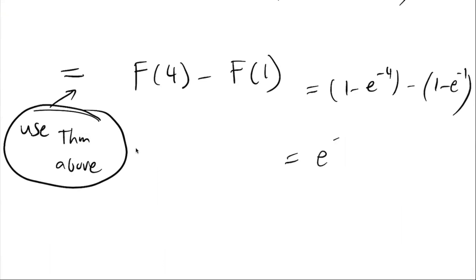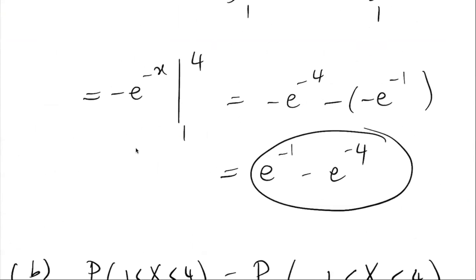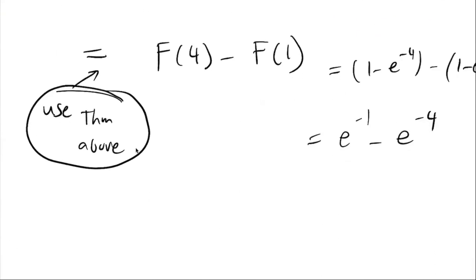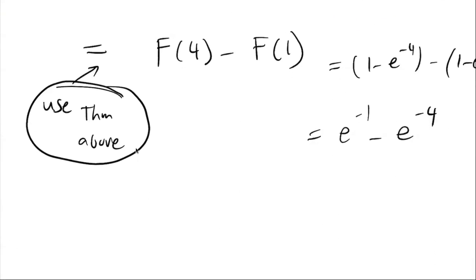So this becomes e to the power minus 1 minus e to the power minus 4, which is the same answer that we got in part A using PDFs. So this theorem is another important property of CDFs and helps us to calculate probabilities using CDFs.